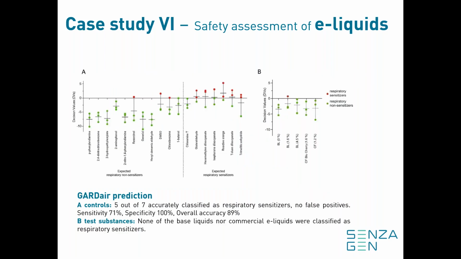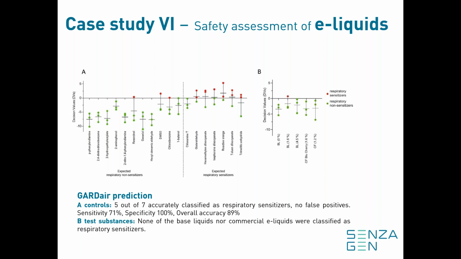So what we did first was to test the e-liquids in our GARD air assay for assessment of respiratory sensitizers. In order to first demonstrate the performance of this assay, the GARD air assay for identification of respiratory sensitizers, in the figure to the left we tested a proficiency set of chemicals with known respiratory sensitizing properties.